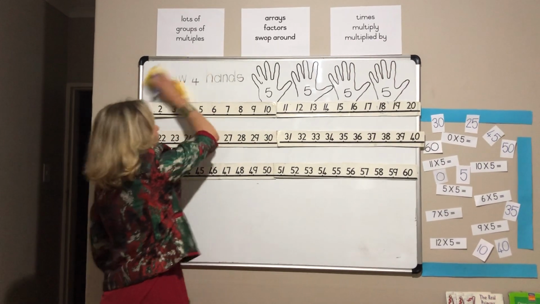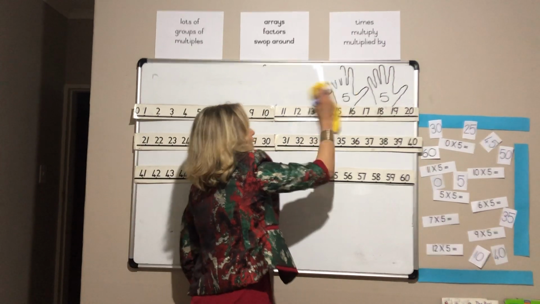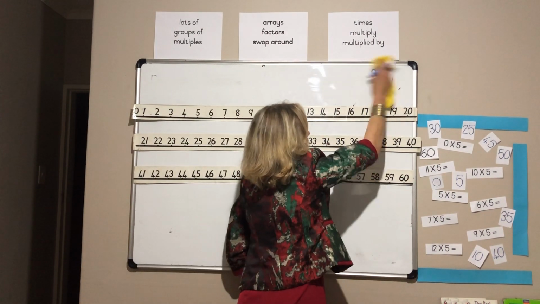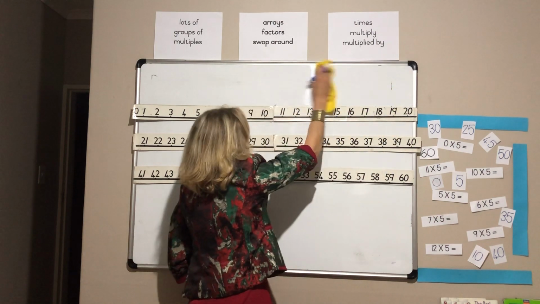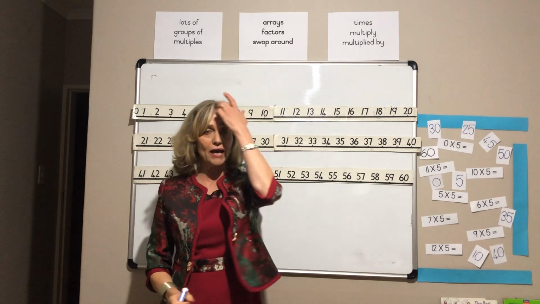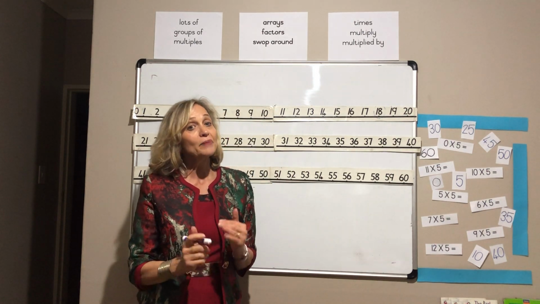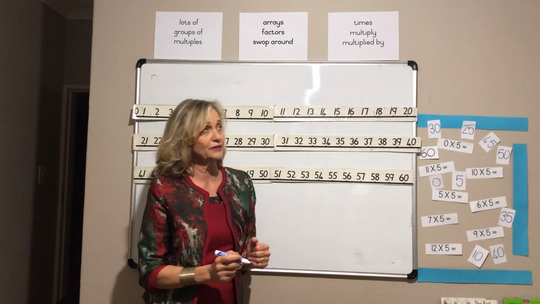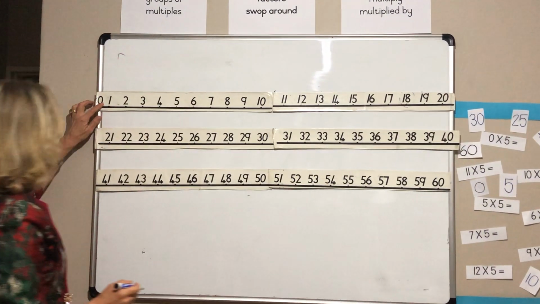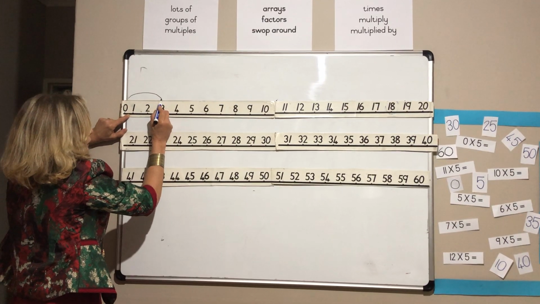Okay, now I'm removing all of this here and I'm making it nice for us, because right now we are back to skip counting, and this time we are going to count all the way up to 150. So practice counting up to 150. Okay, so here's 0. We jump from 0 to 3.